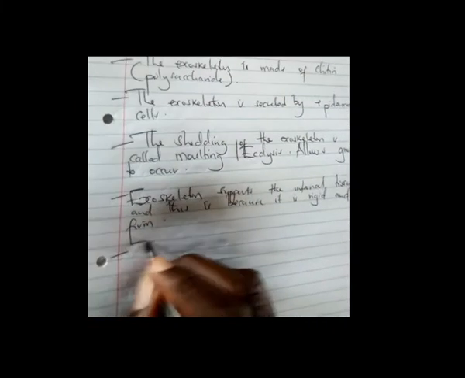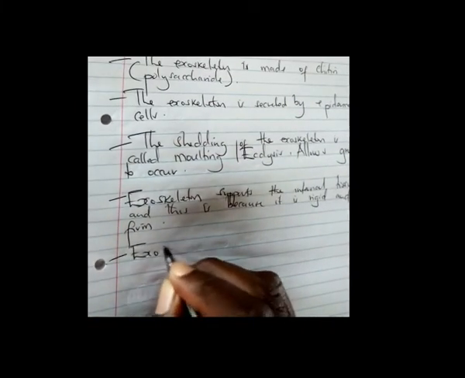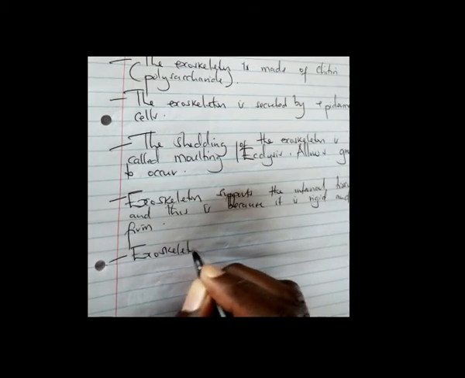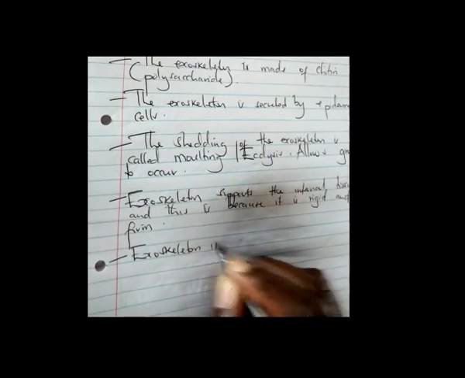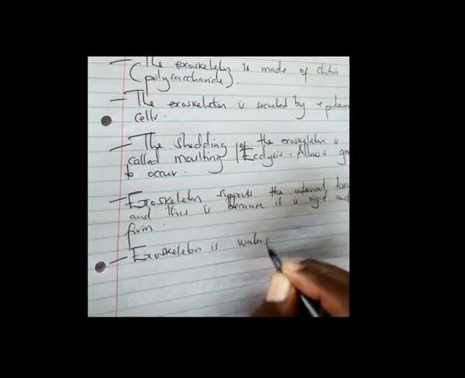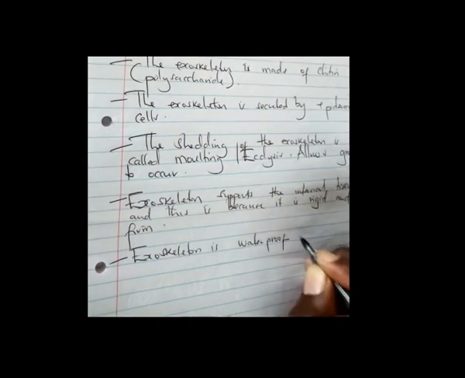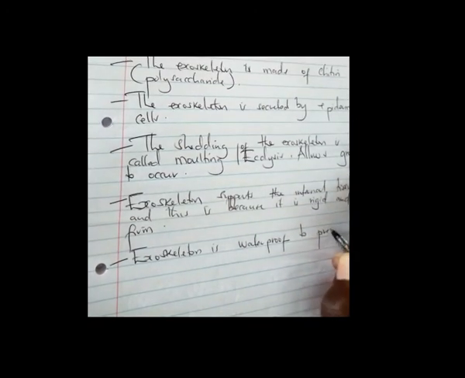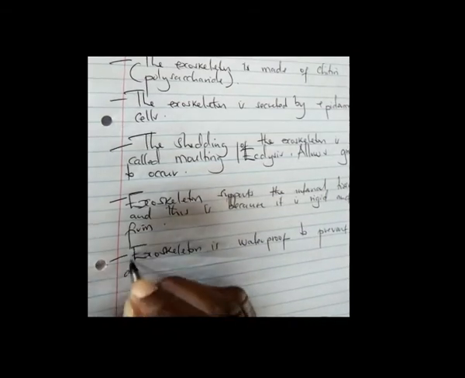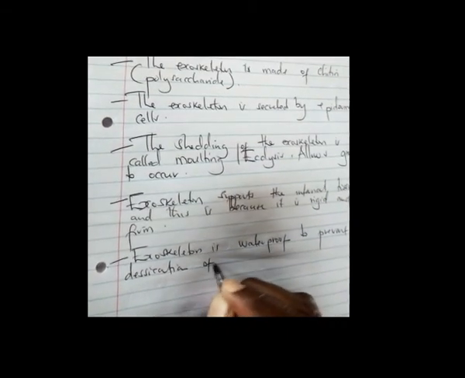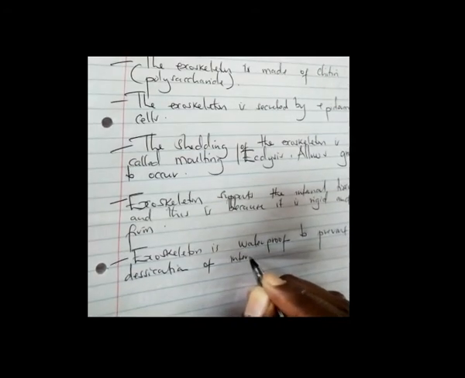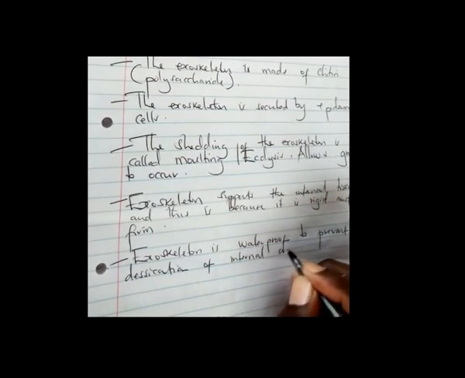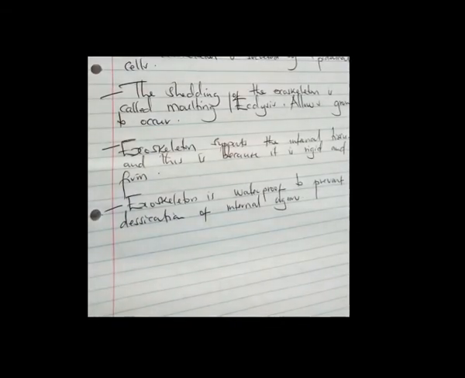The exoskeleton is also waterproof to prevent desiccation of internal organs. This means that the exoskeleton prevents drying of the internal organs.